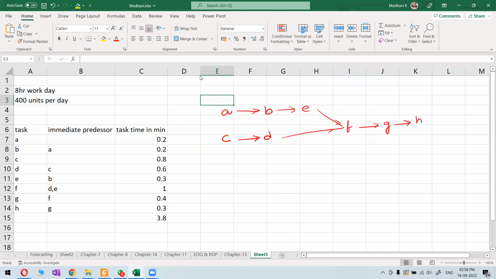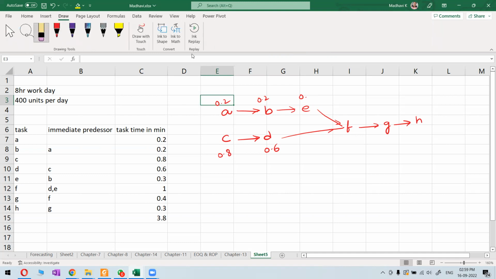So using this, when we put the precedence diagram with all the times: A is 0.2, B is 0.2, C is 0.8, D is 0.6, E is 0.3, F is 1.0, G is 0.4 and H is 0.3.